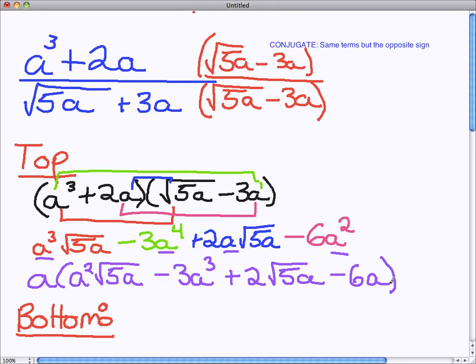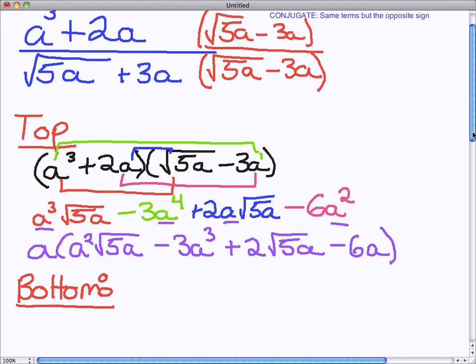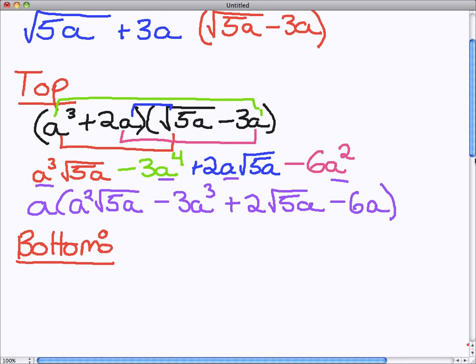Unfortunately, although it would be really nice if we had some like terms that we could combine, nothing is actually alike. They've all got different exponent combinations on them, so we just have to leave it as one giant problem there.